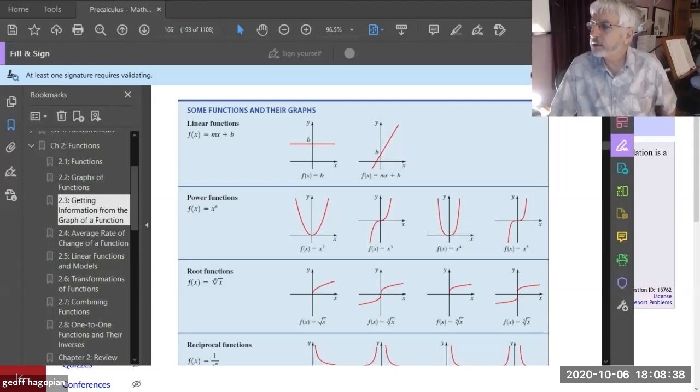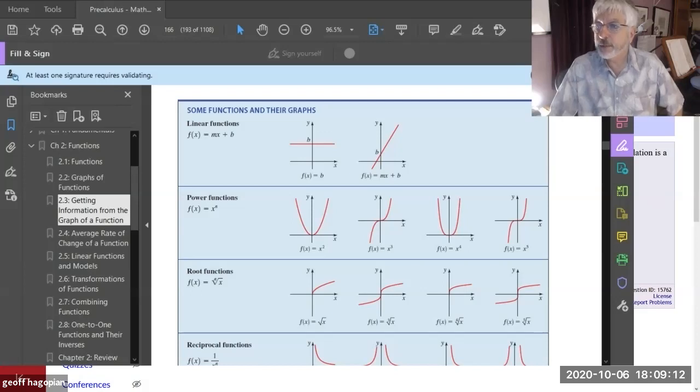Okay, power functions, you got your second degree, third degree, fourth degree, fifth degree, and you see that the even degrees have y-axis symmetry. You see the square and the fourth power, they look very similar, but the fourth power is flatter on the bottom, steeper on the sides, right?